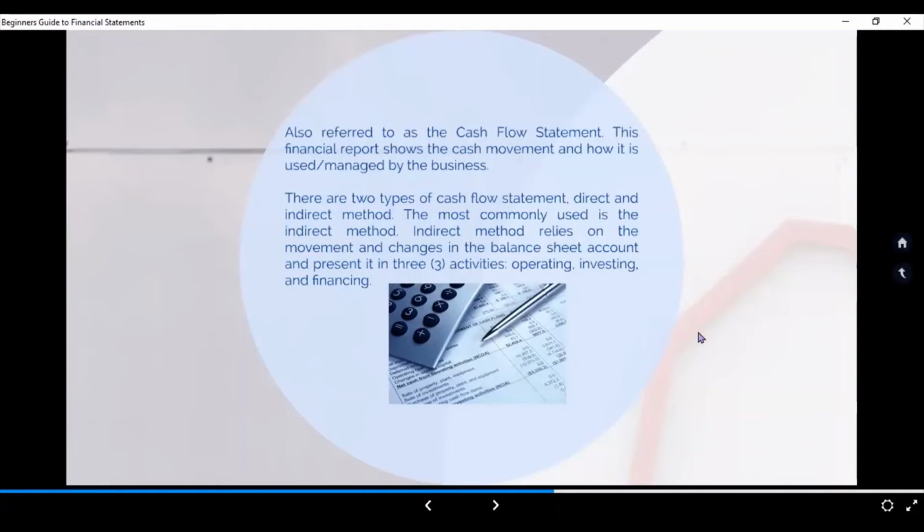Now, when you talk of your investing activities, okay, it is in general pertaining to the movement of your non-current asset because it's more of your PPE, your capital investments, dyan papasok yan, okay? And your financing, dito papasok yung funding ng company natin, okay?